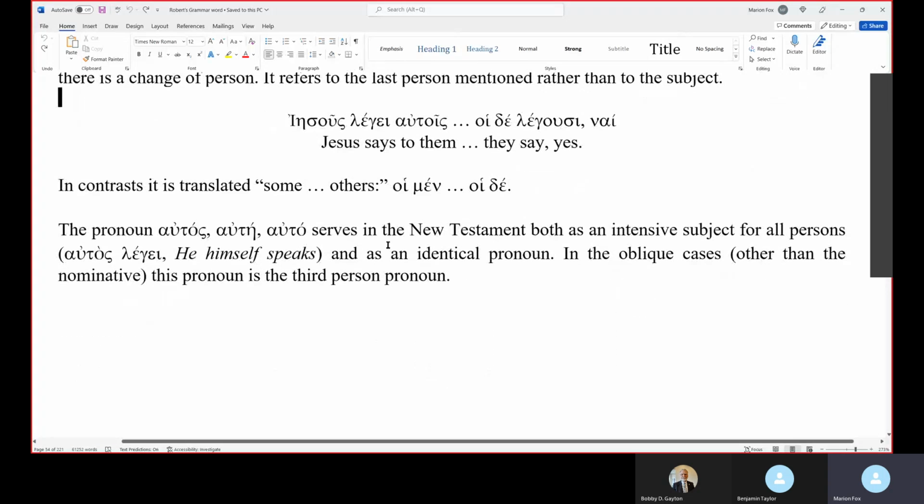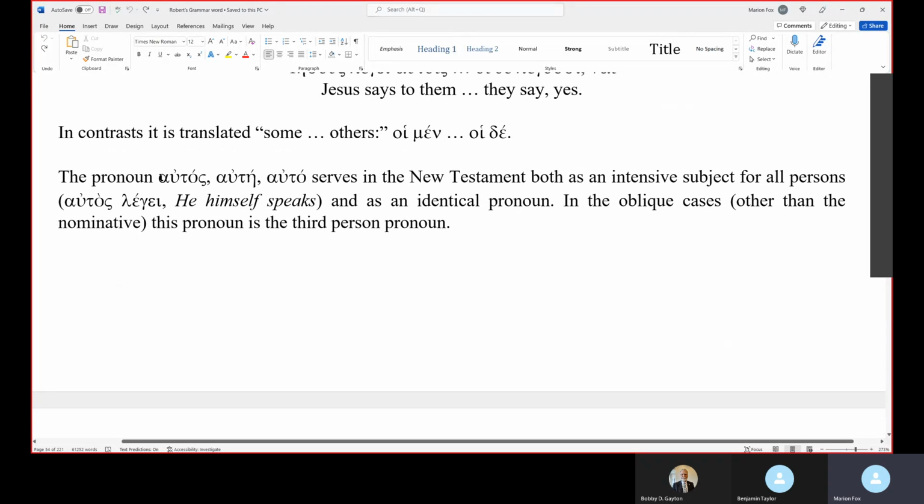All right, and so here's a contrast. Now then, the pronoun autos, ate, auto: nominative singular masculine, nominative singular feminine, nominative singular neuter. That's just the same pronoun, masculine, feminine, neuter, and it always goes in masculine, feminine, neuter form.